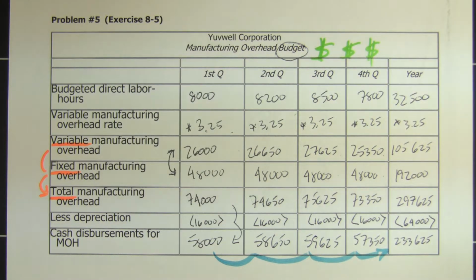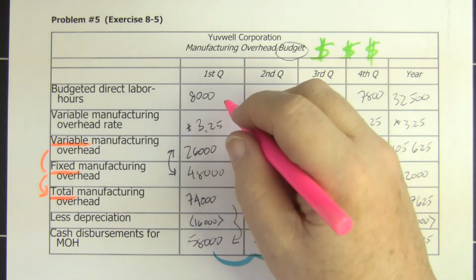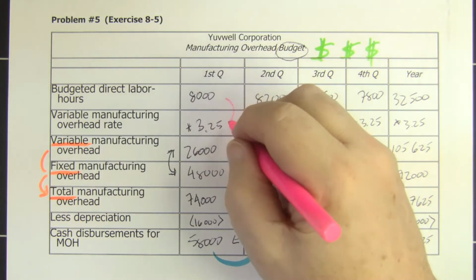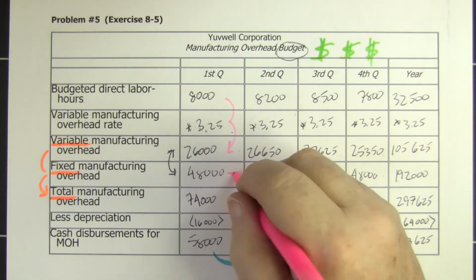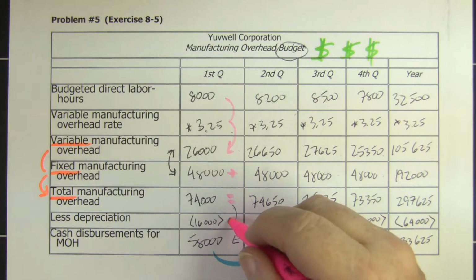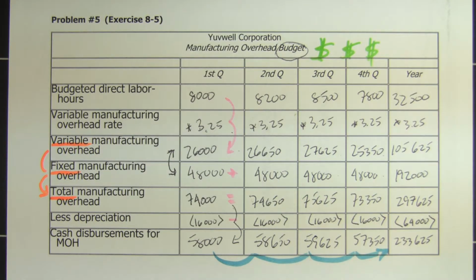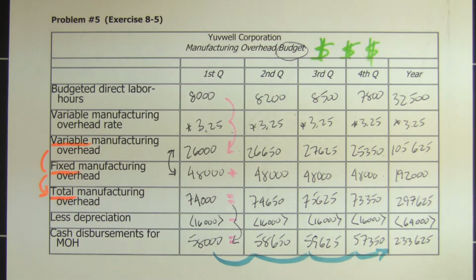So, to review, budgeted direct hours given to us, rate given to us, multiply this times that to get that, add the fixed overhead to get the total overhead, subtract the non-cash expense depreciation to get the total cash for manufacturing overhead.